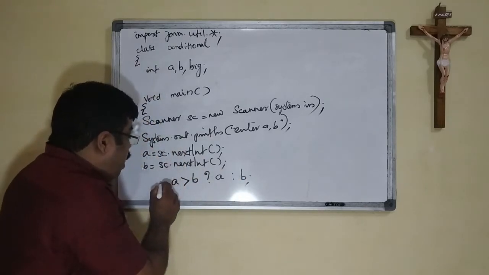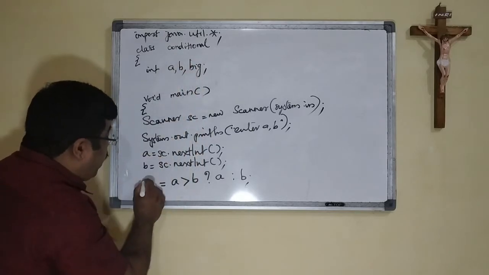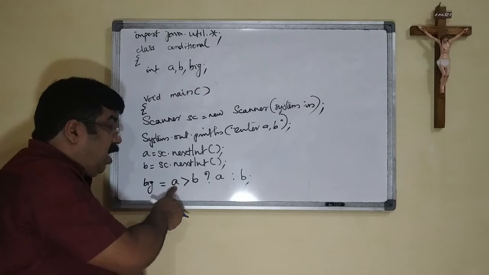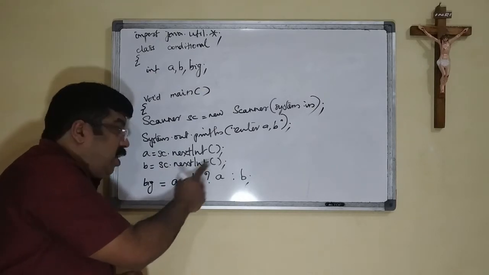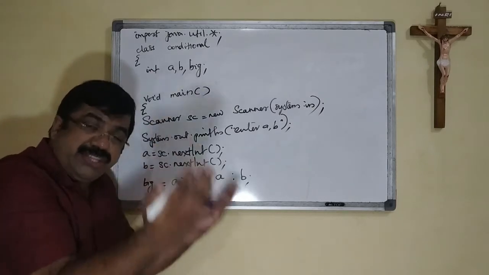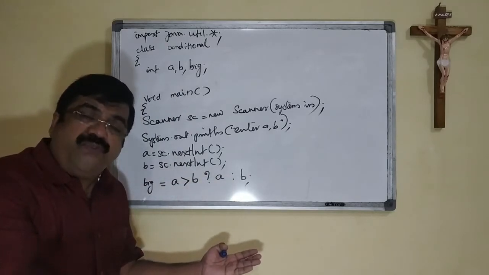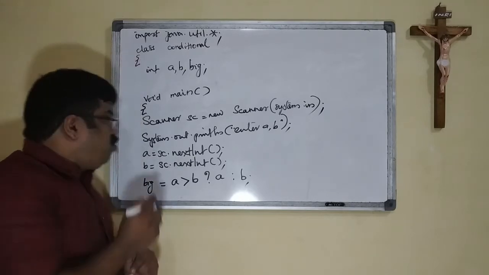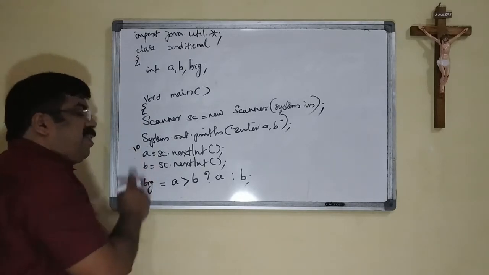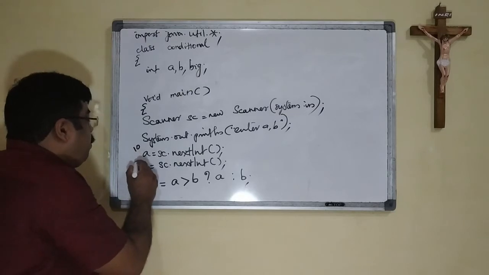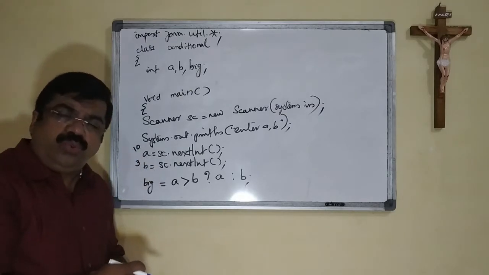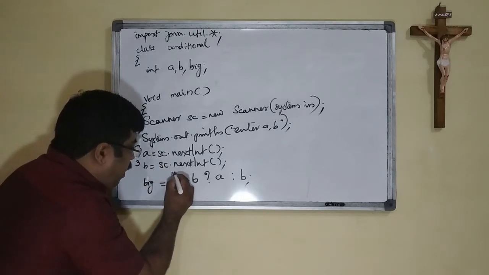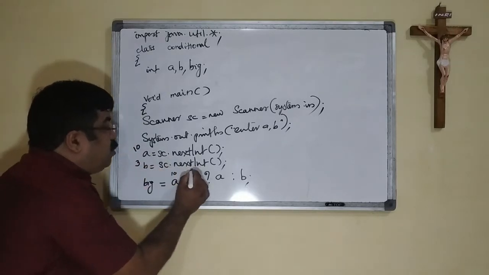So we are giving the variable on the left side. big is equal to a greater than b, if a is greater than b. That depends on the values of a and b. For the time being, we assume that a is given the value 10 and b is given the value 3.